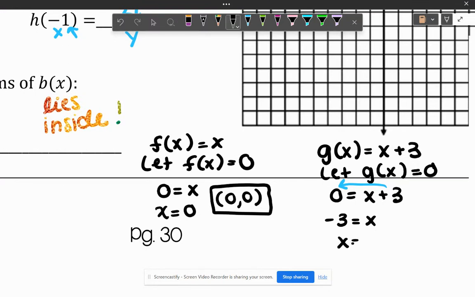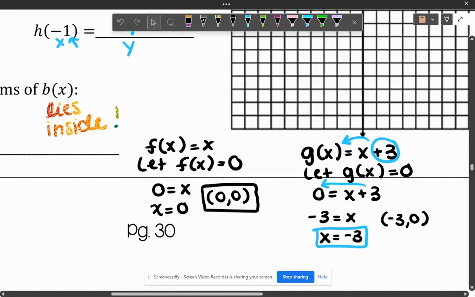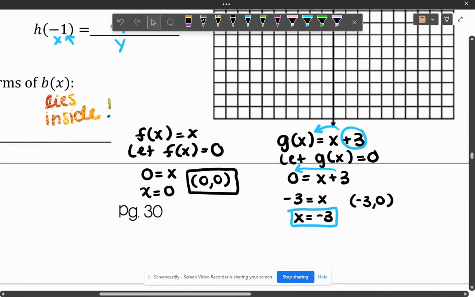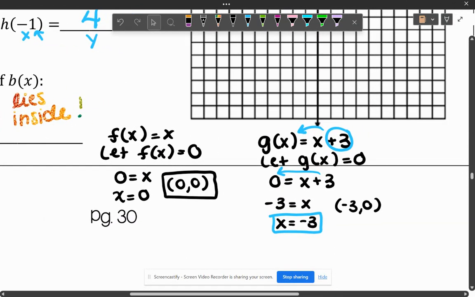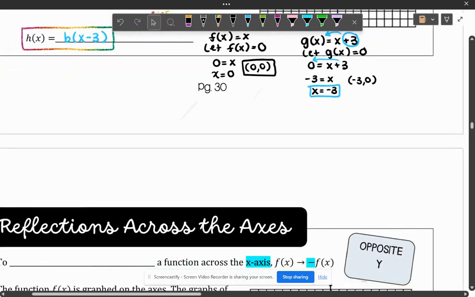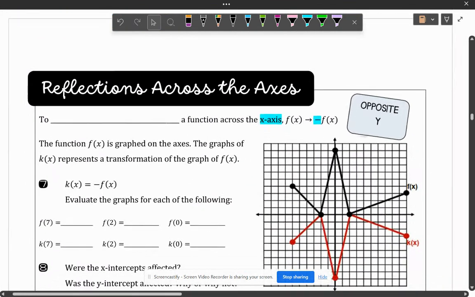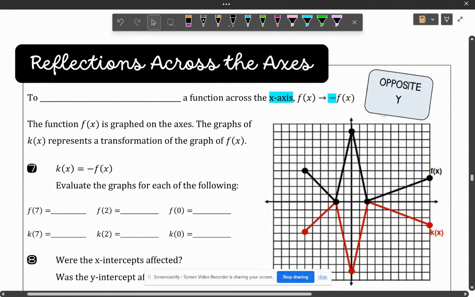So even though we added 3 earlier, because we're moving it over to the other side because of inverse operations, now it's changing that x value in the opposite way. So we end up with negative 3, 0. That's why the inside lies, because of those inverse operations. We didn't have to do that before with y because we didn't have to move anything over to the other side.